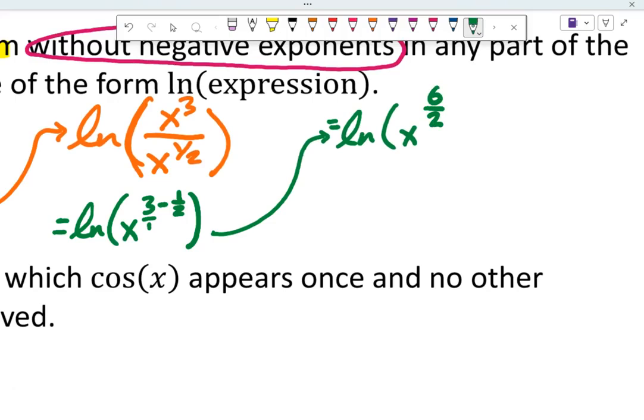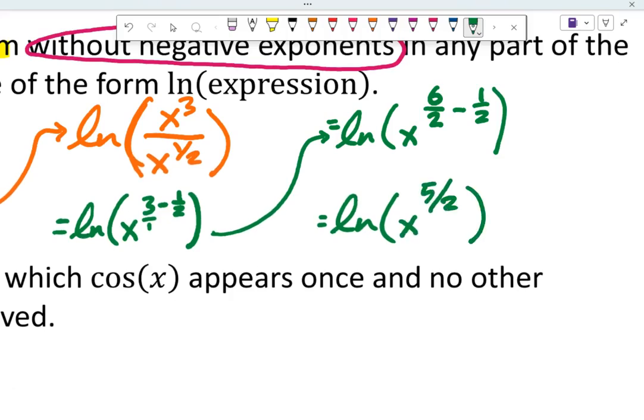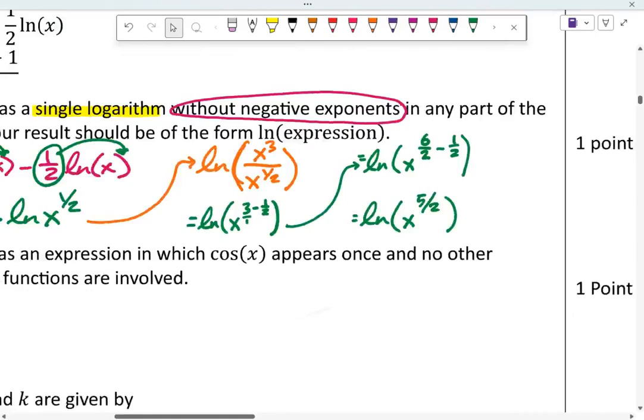Six over 2 minus 1 over 2. I would never give a mixed number, Adon. Don't give 2.5. They don't like those. They might take 2.5, but I would be careful with that. All right, so what do we have? Natural log of x to the 5/2 is my power. And I've done it.